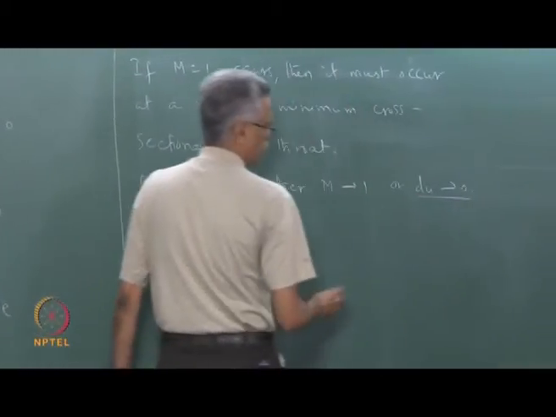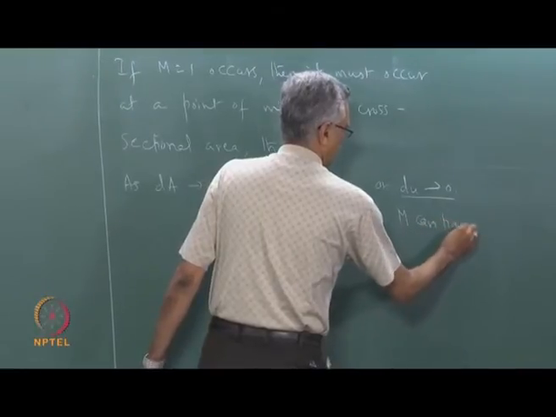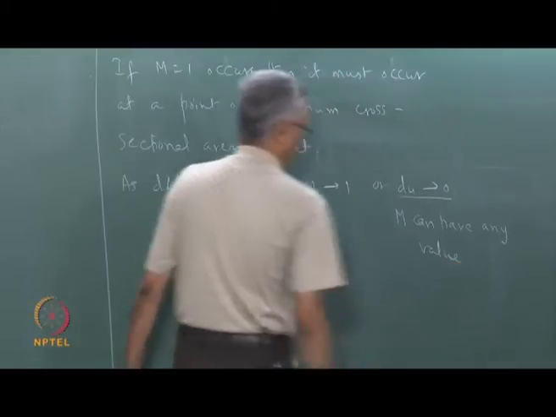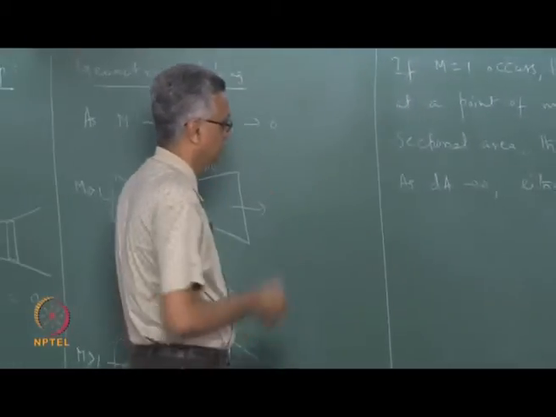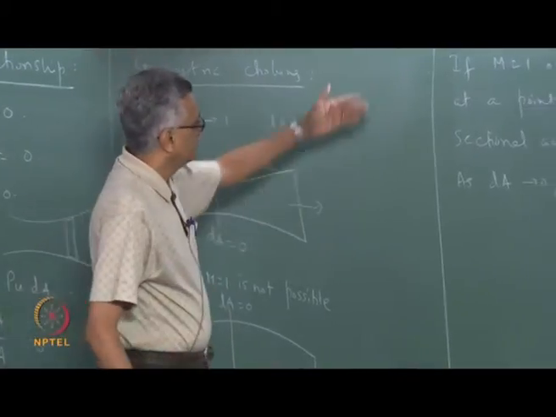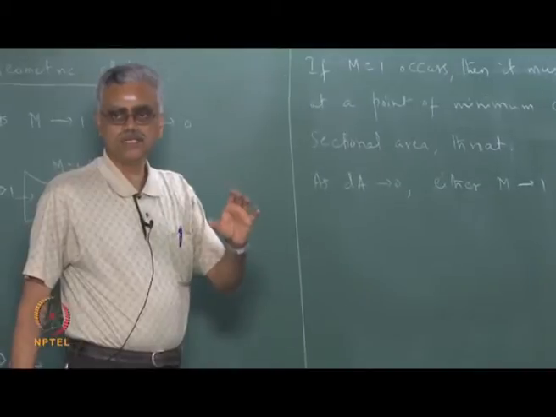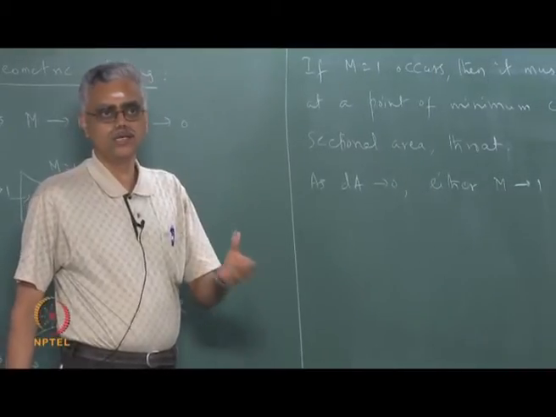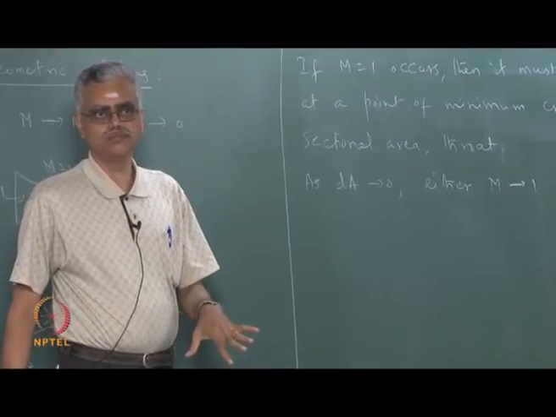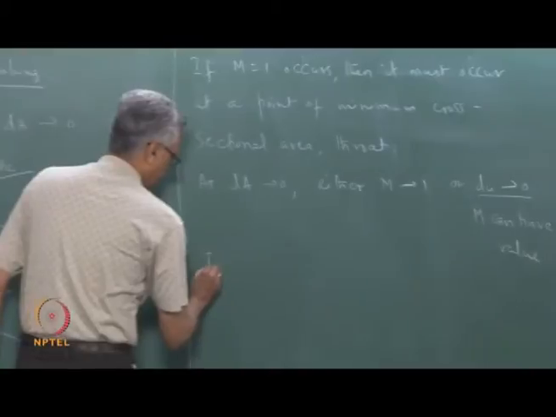If du goes to 0, then m can have any value. Okay. So, we can sum up these two as follows. If m goes to 1, it can go to 1 only at a throat, but just because there is a throat, m does not have to be 1 there. Okay. Remember, this is an extremely important point in gas dynamics.